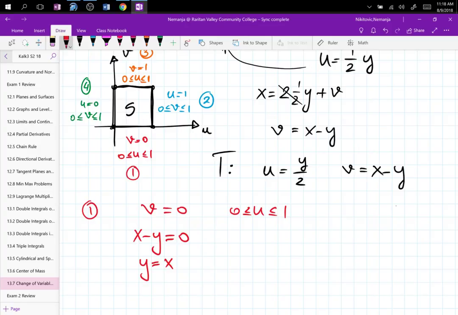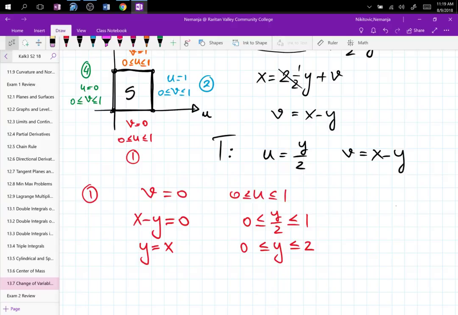U is y over 2, so 0 less than y over 2. You're just plugging in, all right? And then when you multiply by 2 to get y alone, 0 less or equal than y less or equal than 2. So these are equations that you will be graphing on the xy graph.